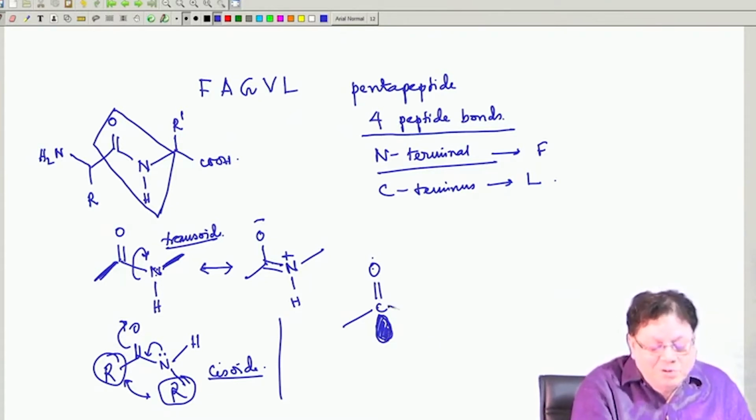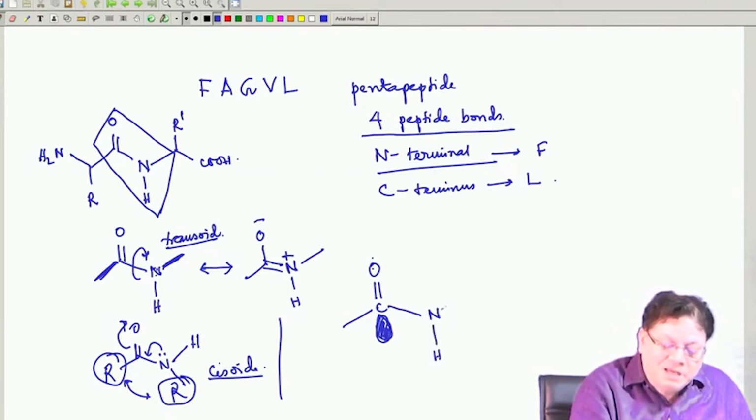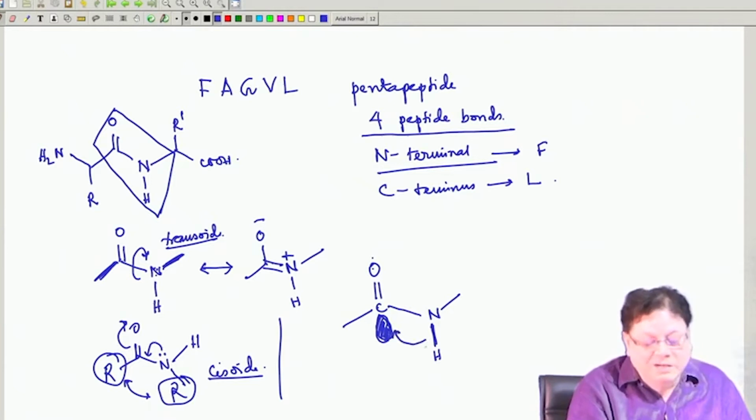And now, you write the nitrogen along with the hydrogen, and you will see a beautiful correlation: this hydrogen bonding orbital is now interacting with the vacant anti-bonding orbital of this carbonyl carbon, that sigma bond.